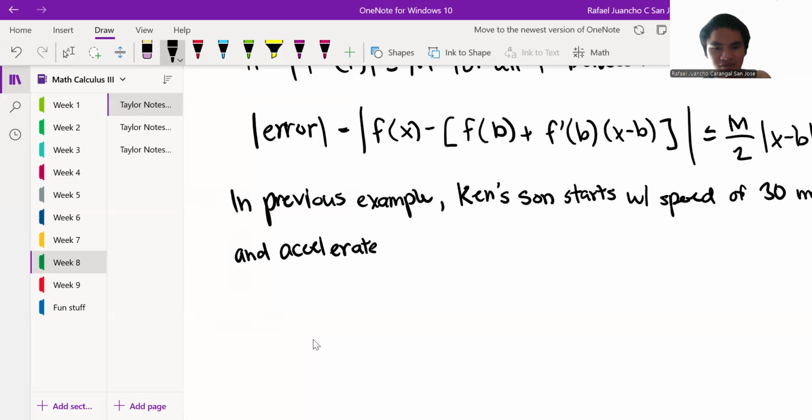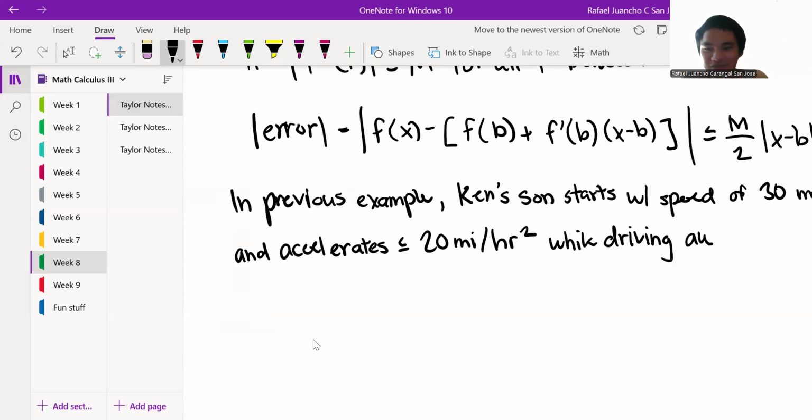Accelerates no more than 20 miles per hour, and of course this is going to be squared, hour squared, right? While driving away. I don't know how they got the info, or they just put it there because they wanted to. Then at time t is location.